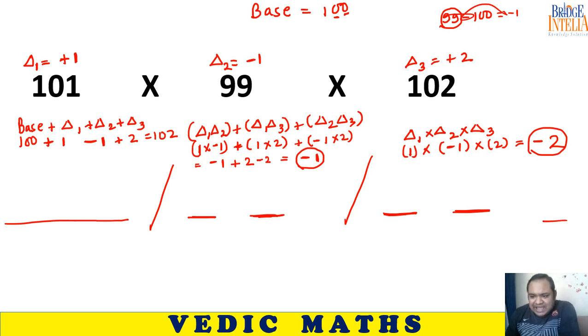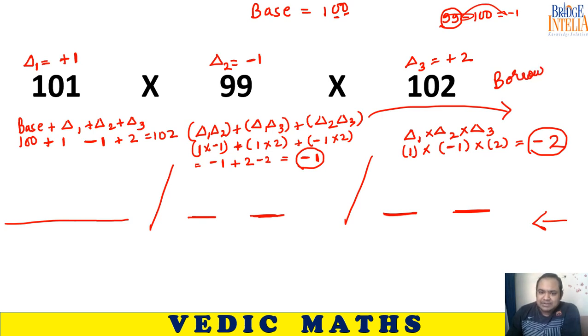So start from the last part. You cannot write this negative, so you take a borrow from here. If you are borrowing from here, there is already minus 1 and you are borrowing 1, so minus 1 minus 1 now becomes minus 2. And since you have borrowed 1 from that side, that 1 will come in this chamber, and since there are two blank spaces, 1 will become 100.